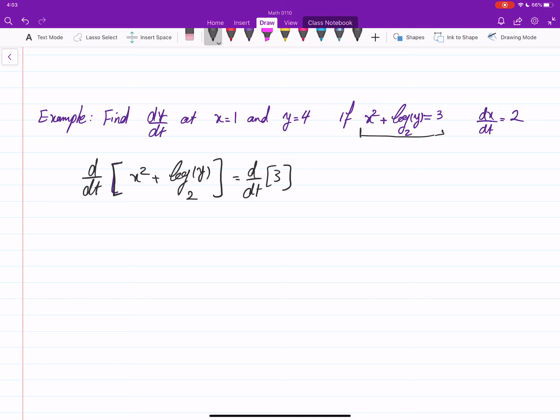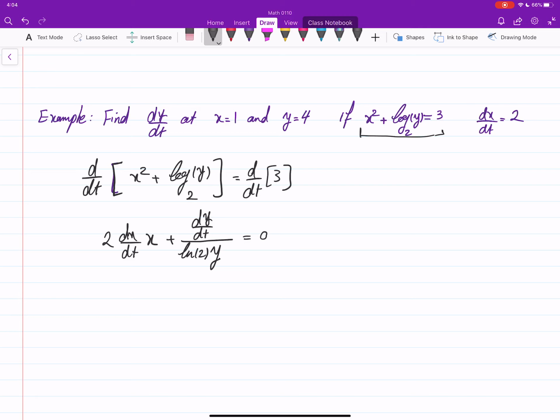The derivative of x squared with respect to t is 2 times dx/dt times x to the power 1, plus the derivative of log y base 2 with respect to t. It will be the derivative of y over y itself times ln of 2. This is equal to 0.